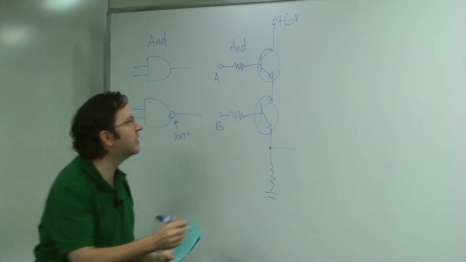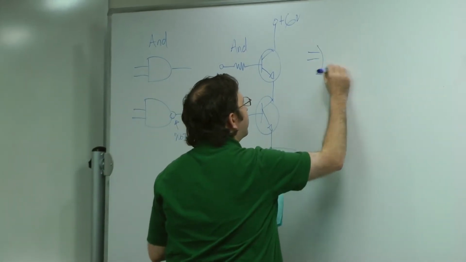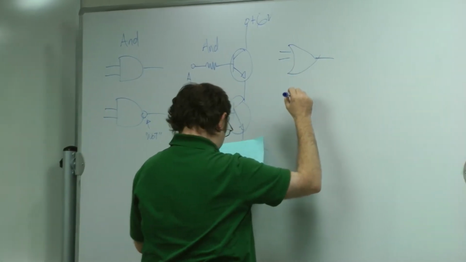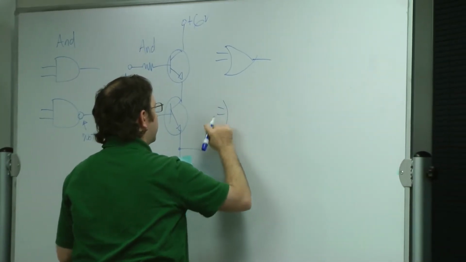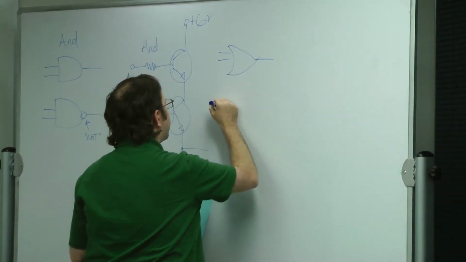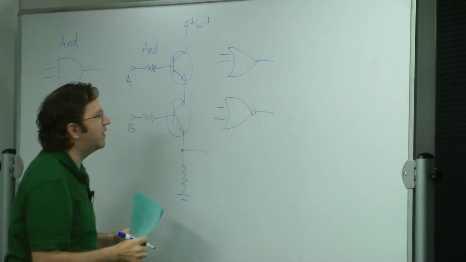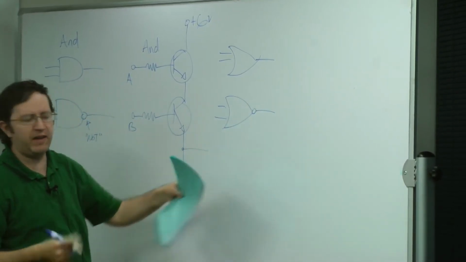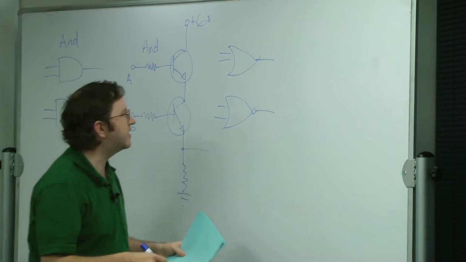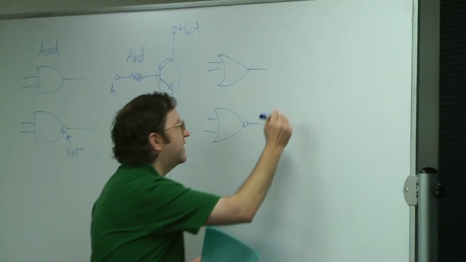So an OR gate, similarly, has a circuit that looks something like this.